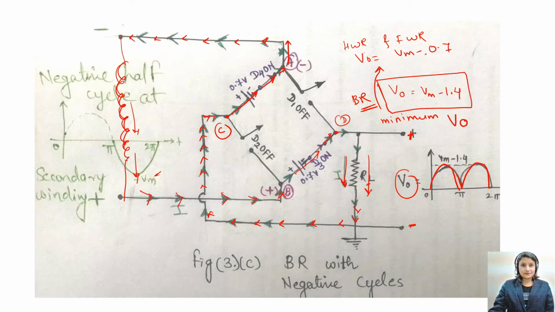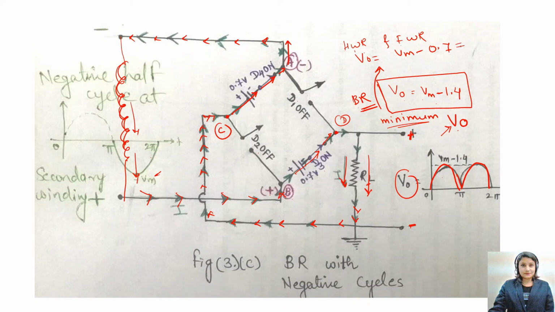Why? Because there only 0.7 is getting subtracted, but in bridge rectifier 1.4 is getting subtracted. So the output voltage VO in a bridge rectifier will always be a minimum value as compared to VO in half wave rectifier and full wave rectifier.